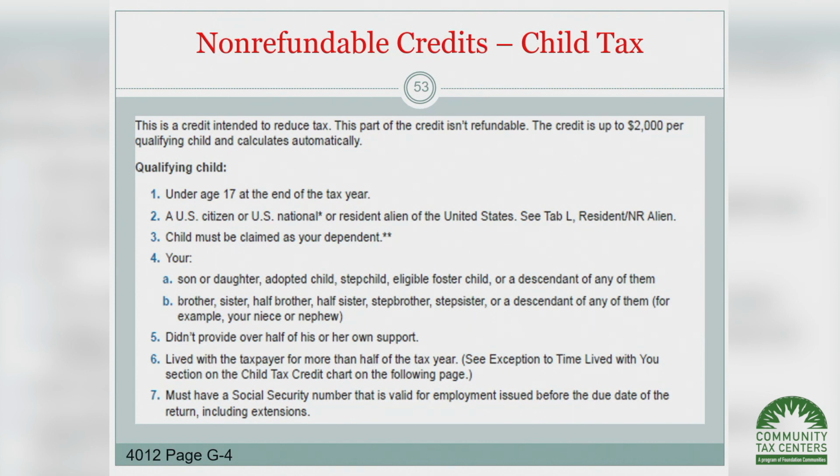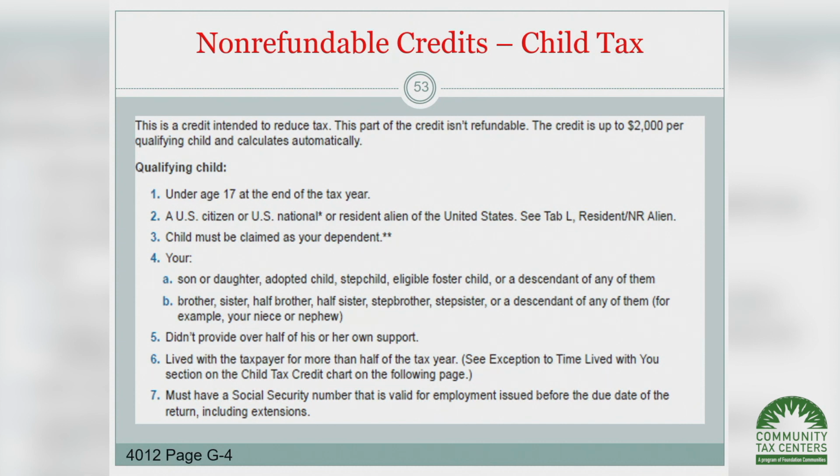The qualifying child has to be under the age of 17 at the end of the year, a U.S. citizen, U.S. national, or resident alien, and can be claimed as your dependent. They must be your son or daughter, adopted child, stepchild, eligible foster child, or any descendant of them. They can be your brothers, sisters, half-brothers, half-sisters, stepbrothers, stepsisters, or descendants.